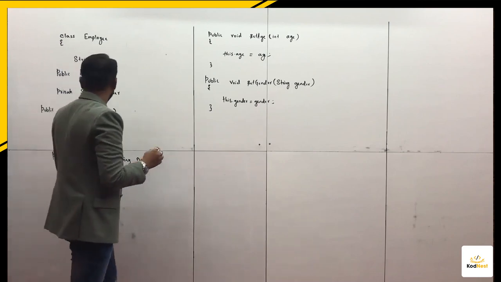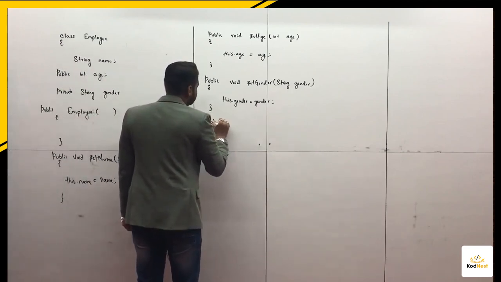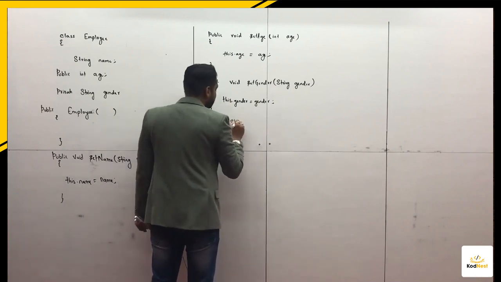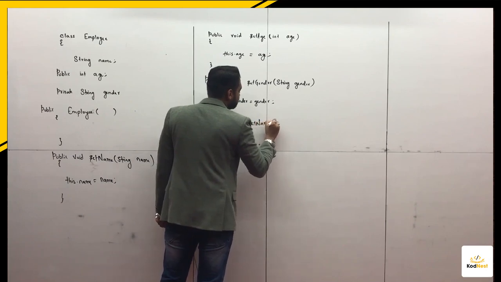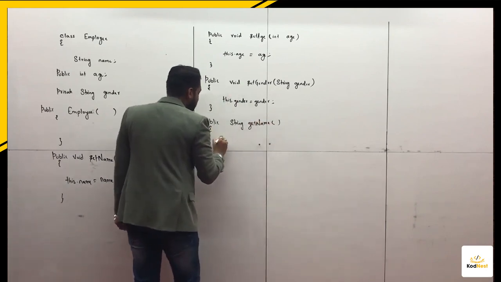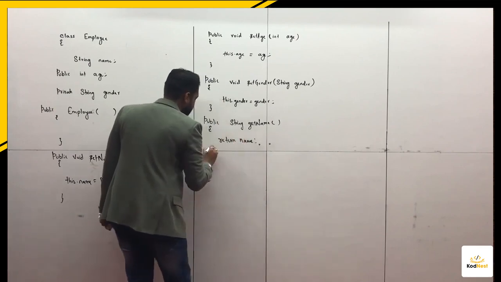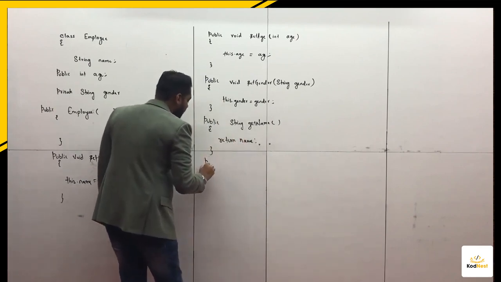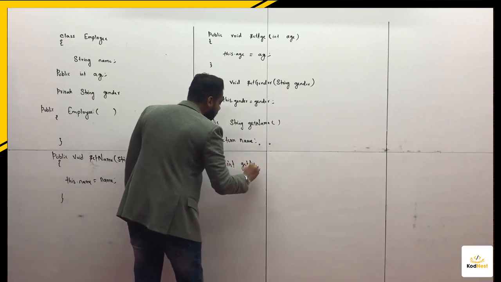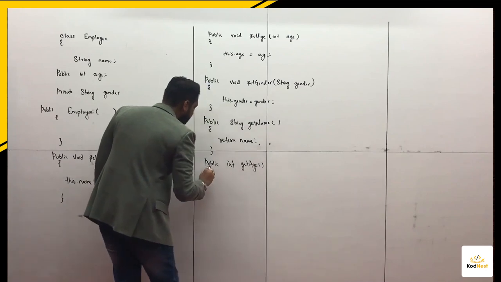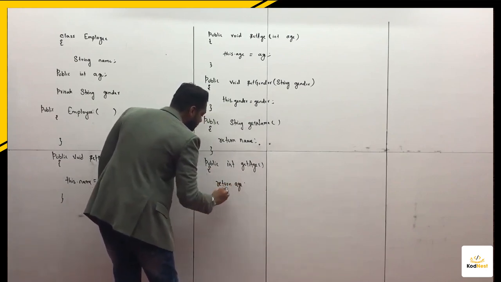Getters also I would write. Probably this is that, public string getName. Inside this it would return name. Here you will have public int getAge, return age.